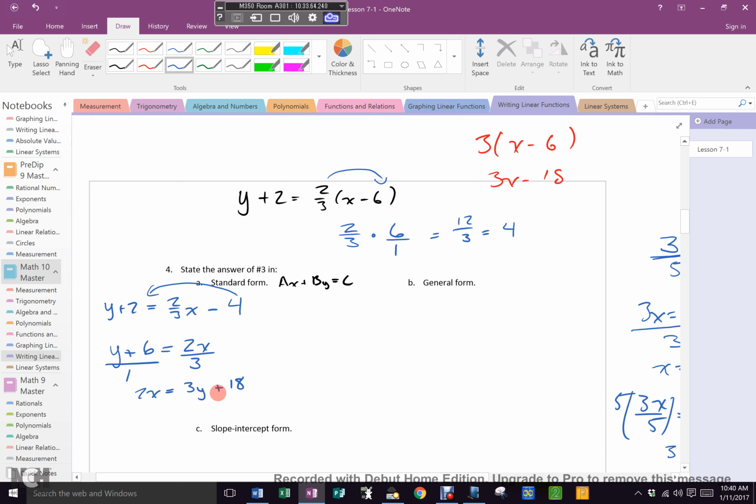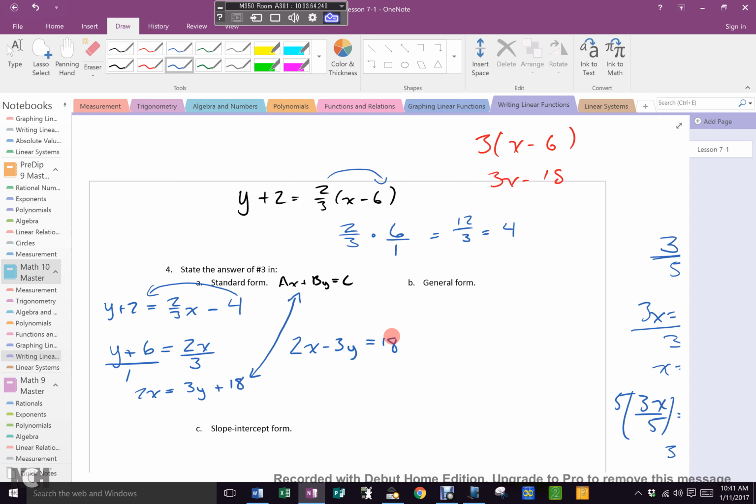How am I looking now? Am I getting close? What's the only other thing I need to do? Move what? I'm going to move the y because I want my x to stay positive, right? Are we happy?